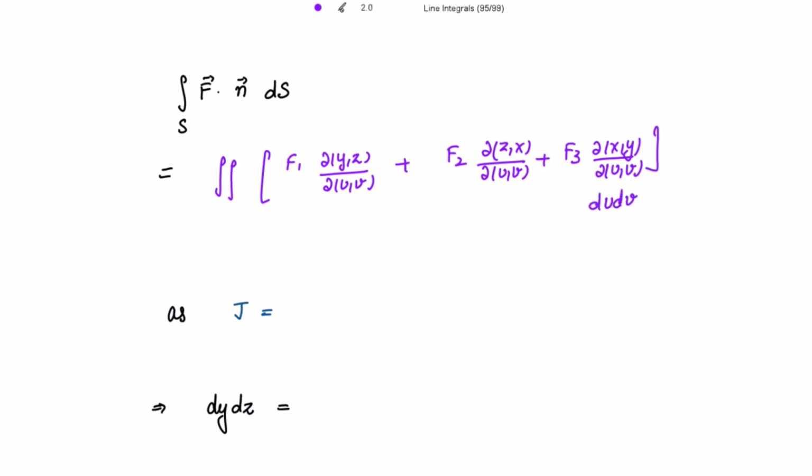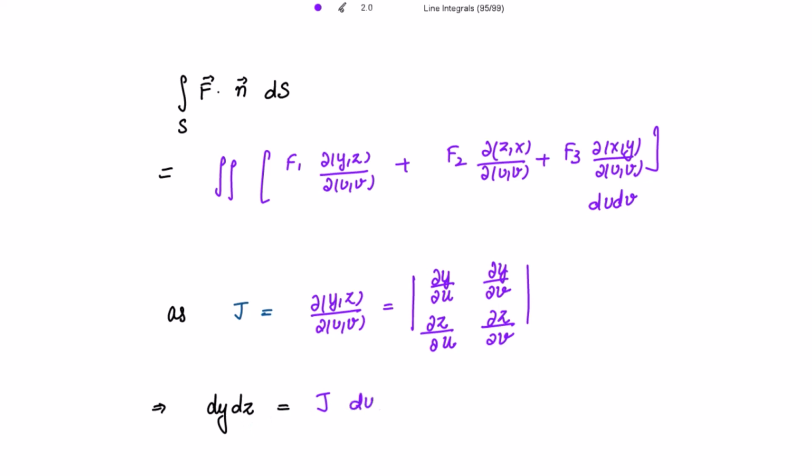Now what is your Jacobian? ∂(y,z)/∂(u,v) is equal to the determinant of ∂y/∂u, ∂y/∂v, ∂z/∂u, ∂z/∂v. So this implies dy dz is the Jacobian multiplied with du dv. This is the formula, so that is equal to ∂(y,z)/∂(u,v) du dv. Please remember this.